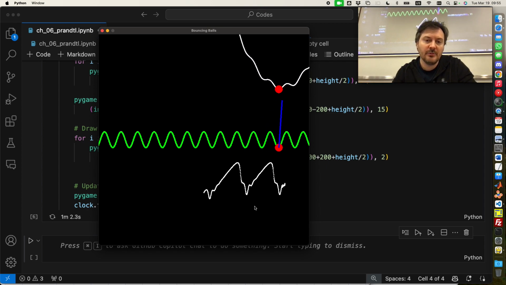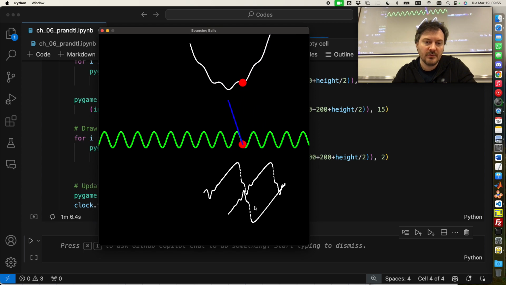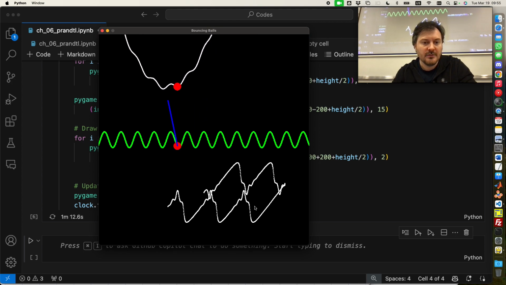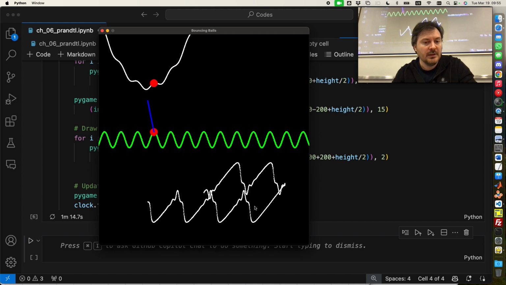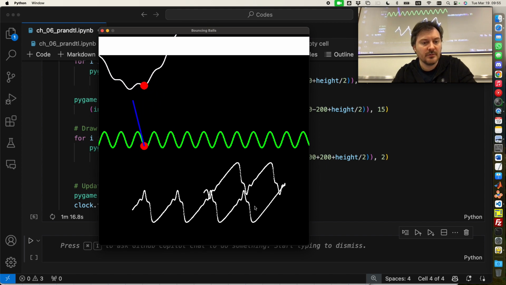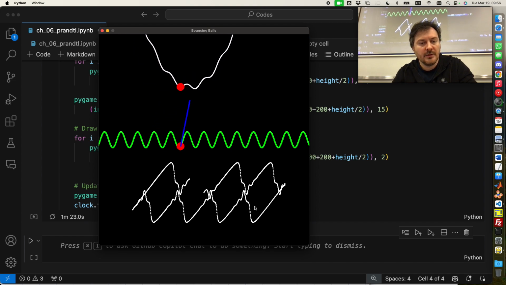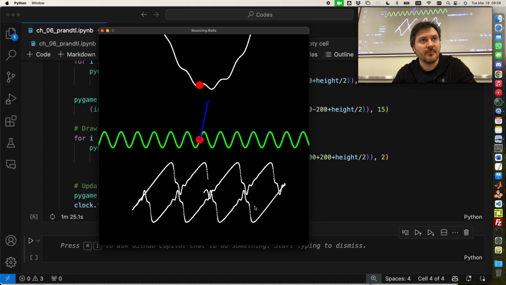Okay, let me go backwards now. Stuck, released, stuck, released, stick slip, okay? And the area in between is the energy that we lost.